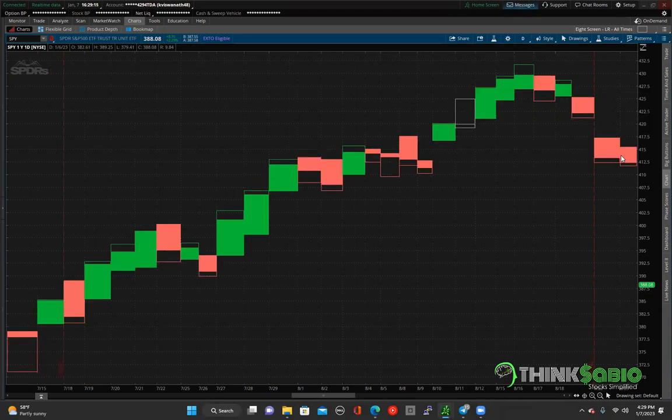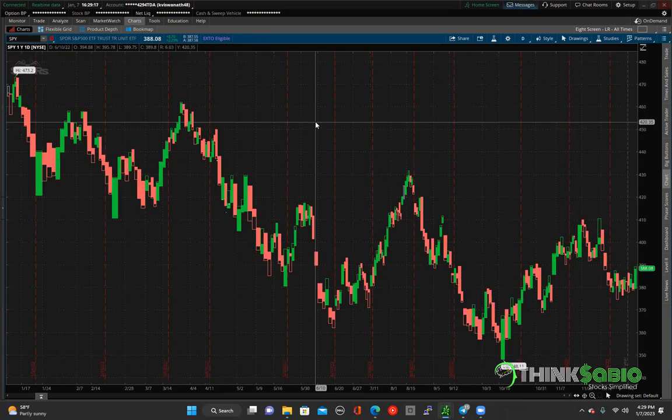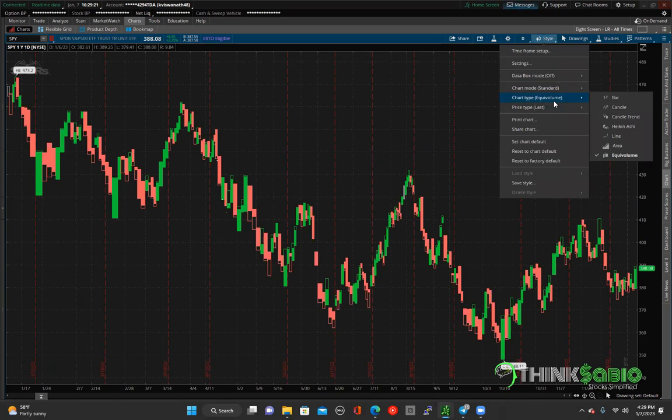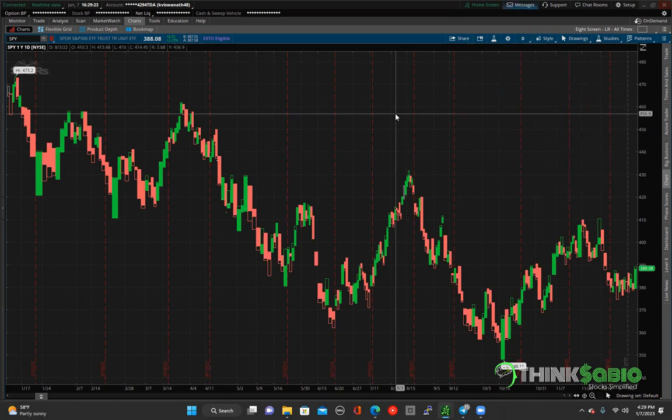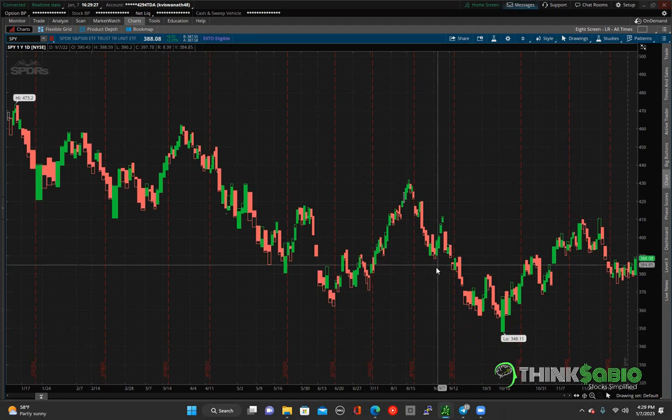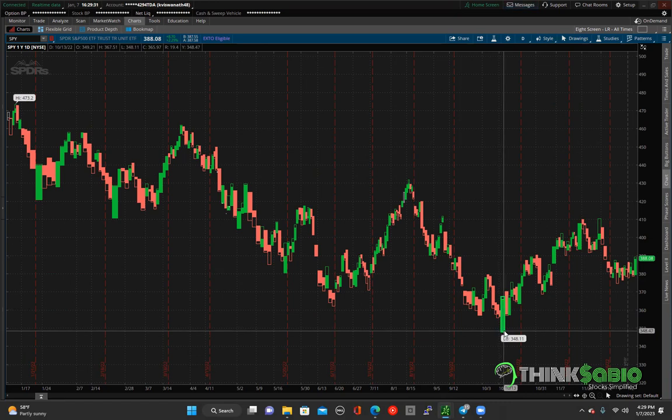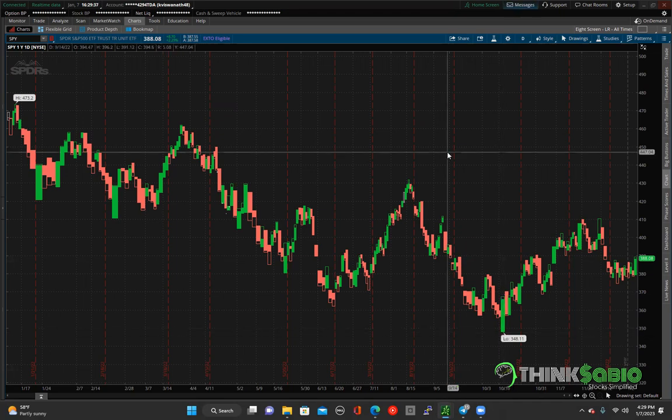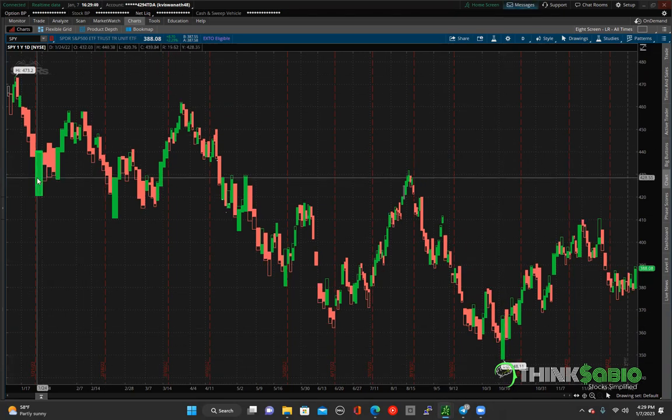And there is one more interesting way of looking at a chart that's called equivolume. What it does is it basically shows not only the price action, it will also plot the candle. The width of the candle depends on the volume on a particular day. For example, you see some candles are big.